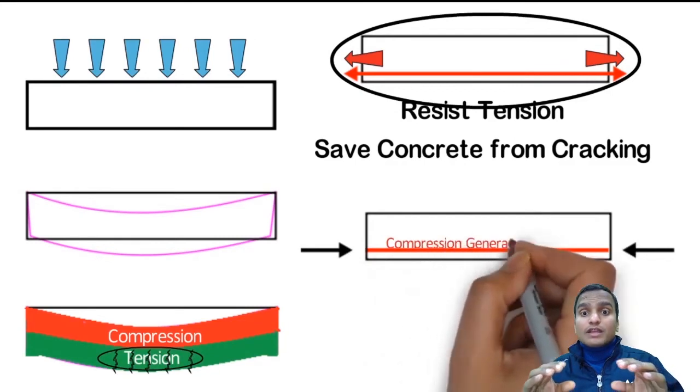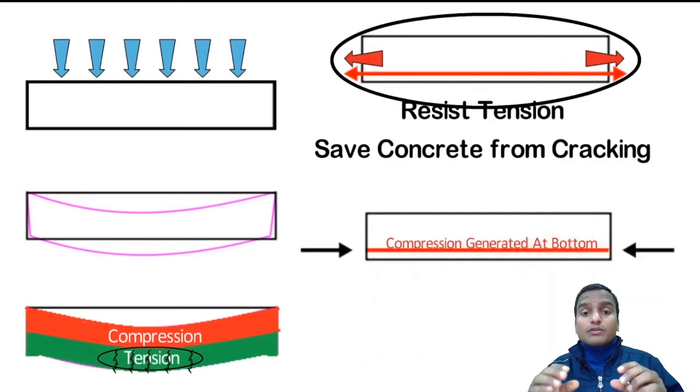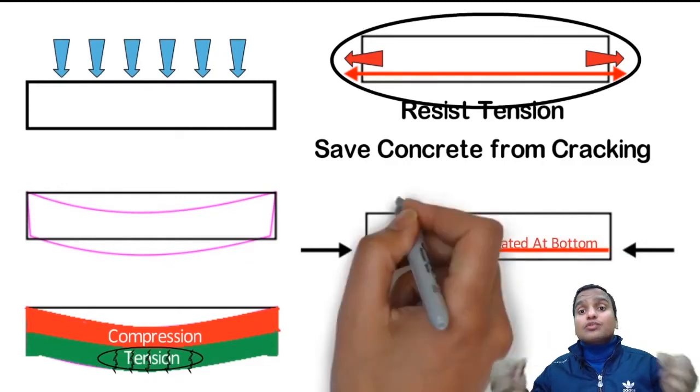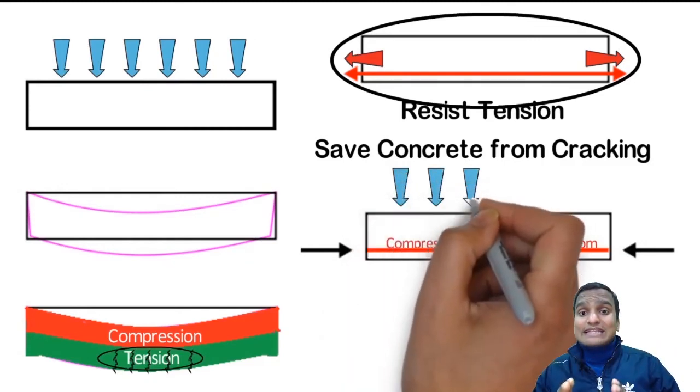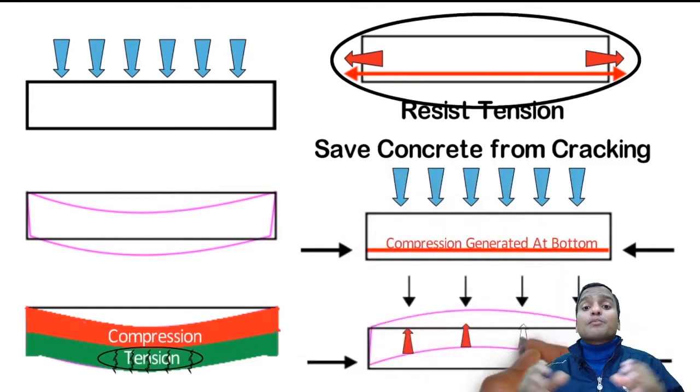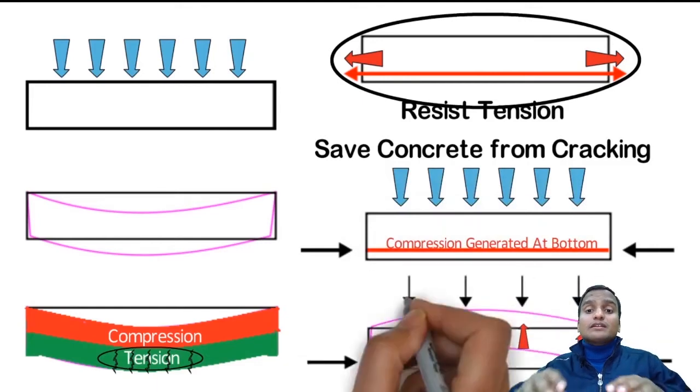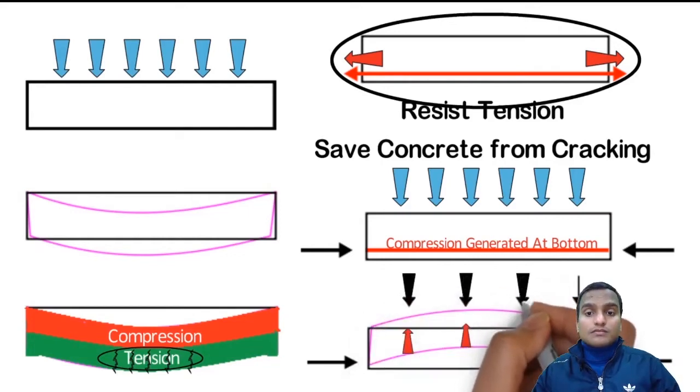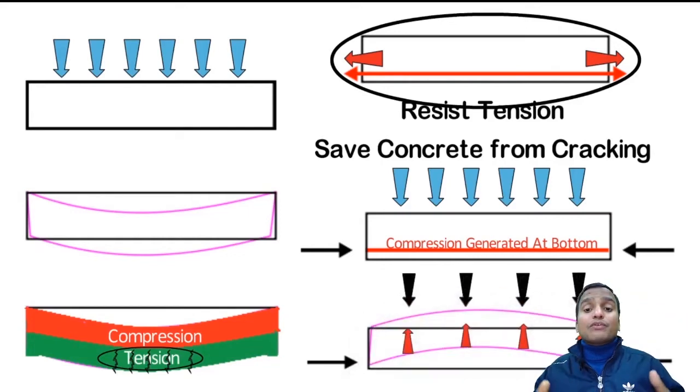Okay, why is this compressive force generated? Because we have applied a tensile force in the tendon, and to resist that, by the bond action, the concrete has to be under compression, and due to that the curvature will look like this. And here we can resist a higher magnitude of load in comparison with traditional reinforced concrete.